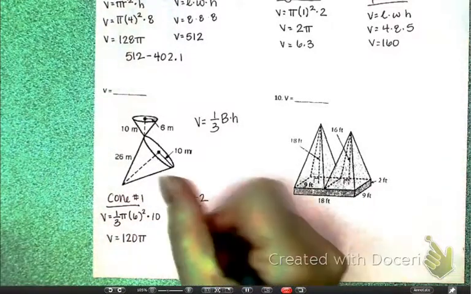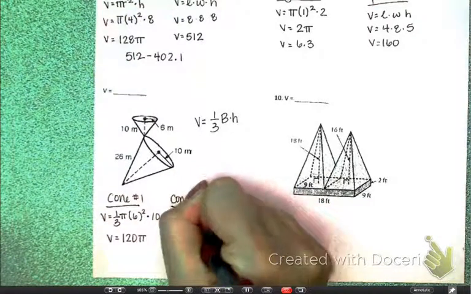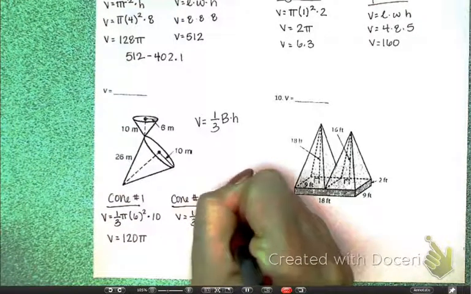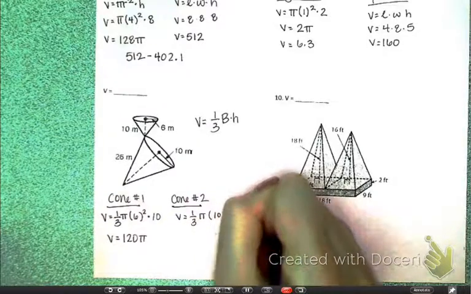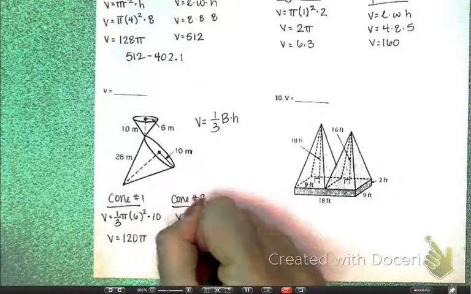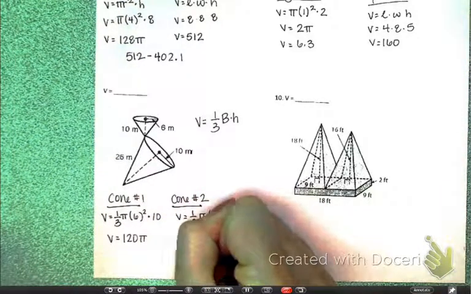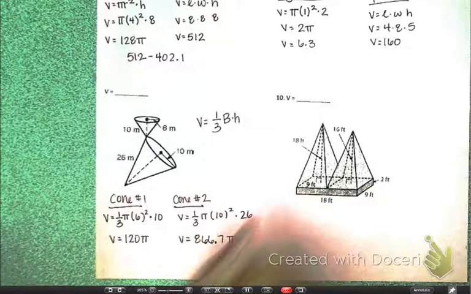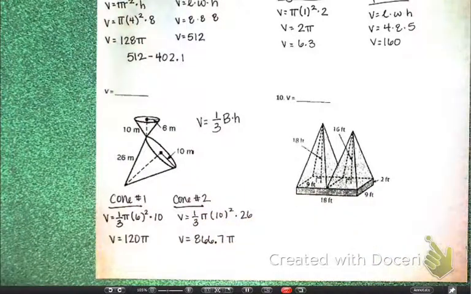For the larger cone, it's the exact same formula, except my radius is 10 and my height is 26. Okay, this gives me 866.7 pi. Did you get that? Now, do I need to multiply by pi for either of these?